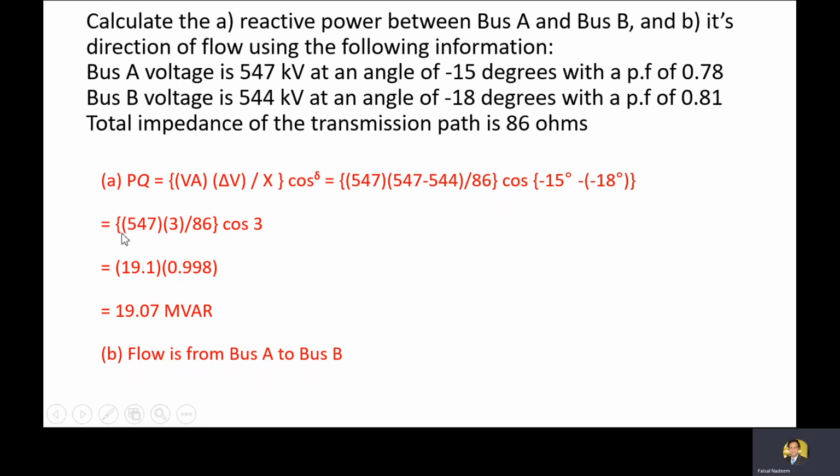Now by solving this equation with the help of a calculator, we have 19.07 MVAR, and the direction of power flow is from bus A to bus B, as the voltage potential is higher in bus A and lower in bus B.